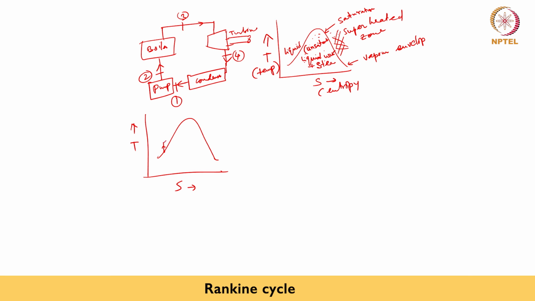Then 2 to 3, boiler will be heating water, then water will change phase, it will be steam, then superheated steam, then 3 is the boiler exit, then again it will be going down because of turbine work, 3 to 4, and 4 to 1 will be my condenser.